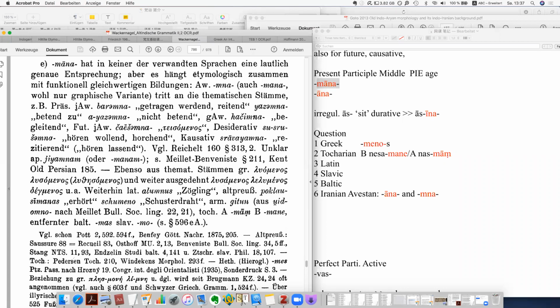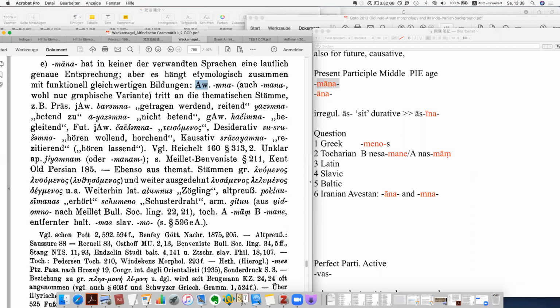Aber es hängt etymologisch zusammen mit funktionell gleichwertigen Bildungen. So it's actually etymologically connected, and they have the same function. Funktionell gleichwertig, so same value or same function. Okay, so this is the example.